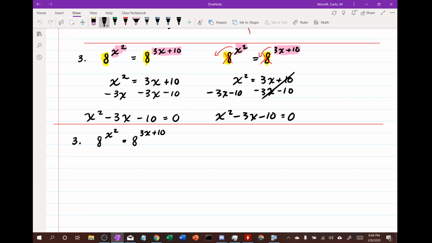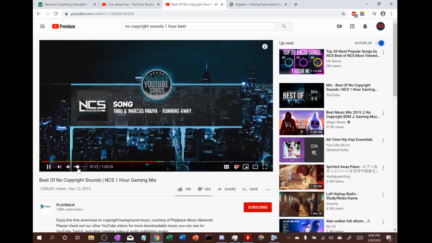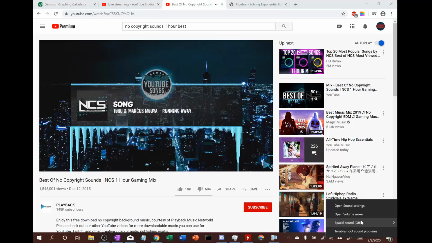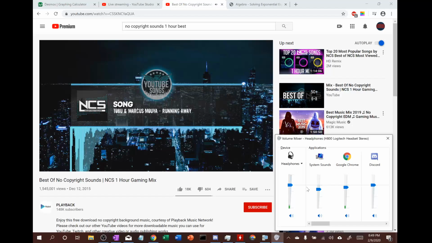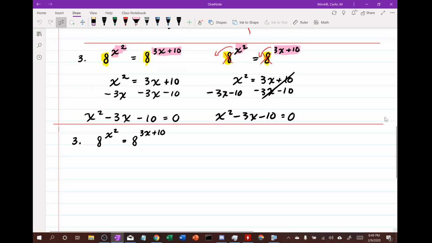Let that buffering catch up, and then you'll see it. While that's happening, I'm going to try to turn down the volume. You see it on the screen now?